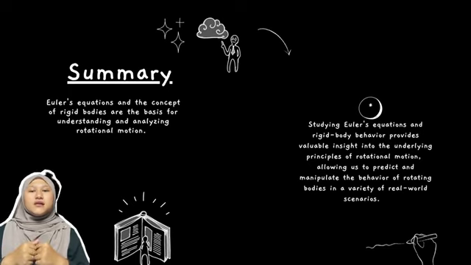This equation allows us to study the complex dynamics of rotating objects such as tops, gyroscopes, and also celestial bodies. Studying Euler's equations and rigid body behavior provides valuable insights into the underlying principles of rotational motion, allowing us to predict and manipulate the behavior of rotating bodies in a variety of real-world scenarios.